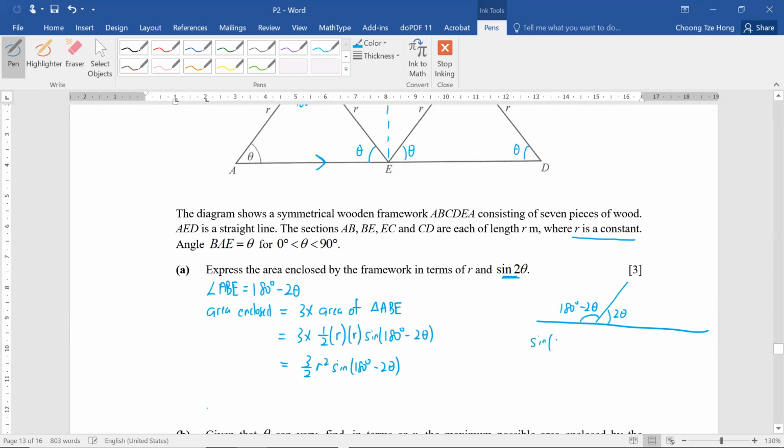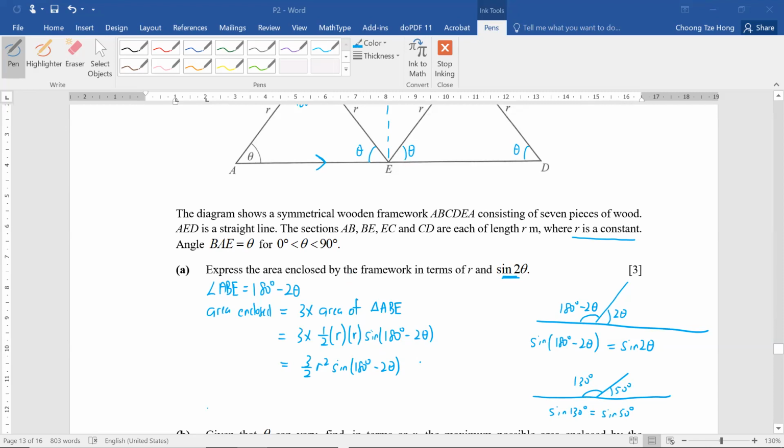So in this case, sine of 180 minus 2 theta equals sine 2 theta. This works for any pair of angles on a straight line. Say you have 50 and 130: press your calculator and you will see that sine 130 equals sine 50, as long as the two angles add up to 180.